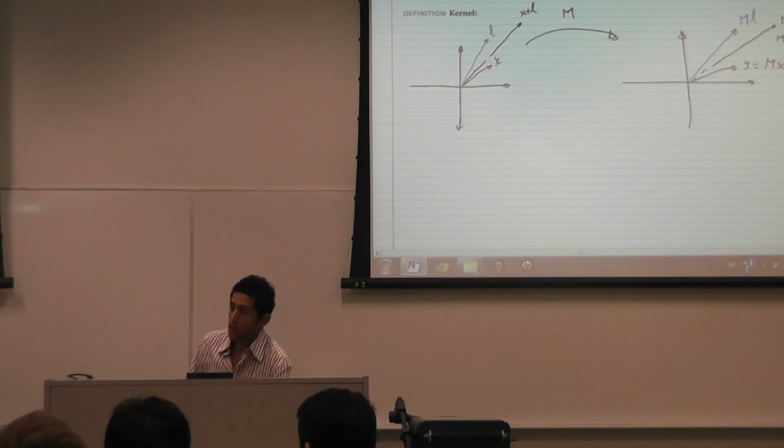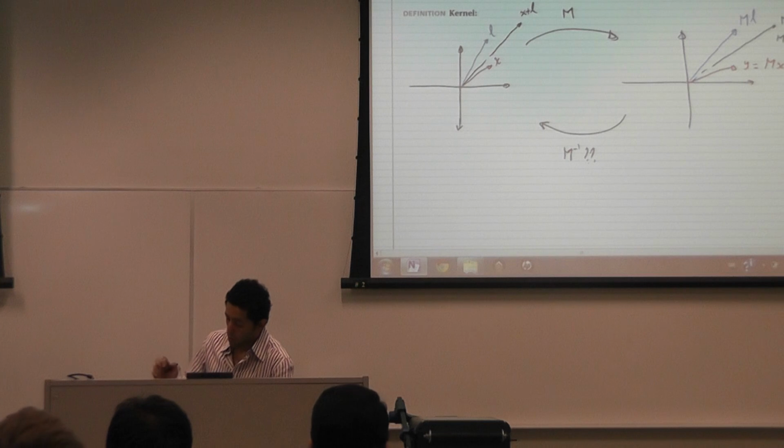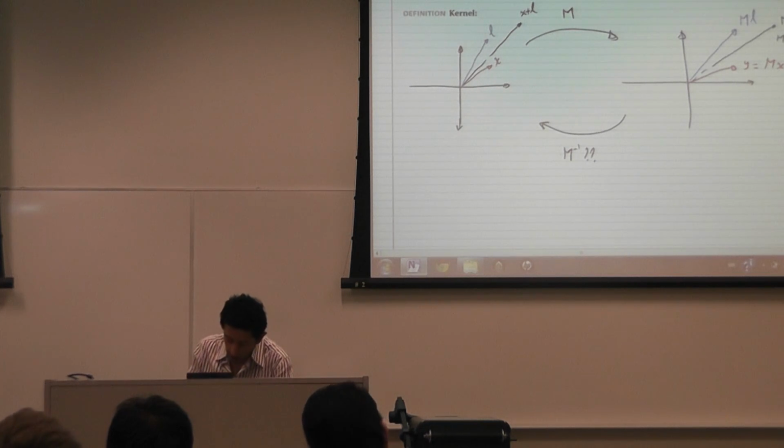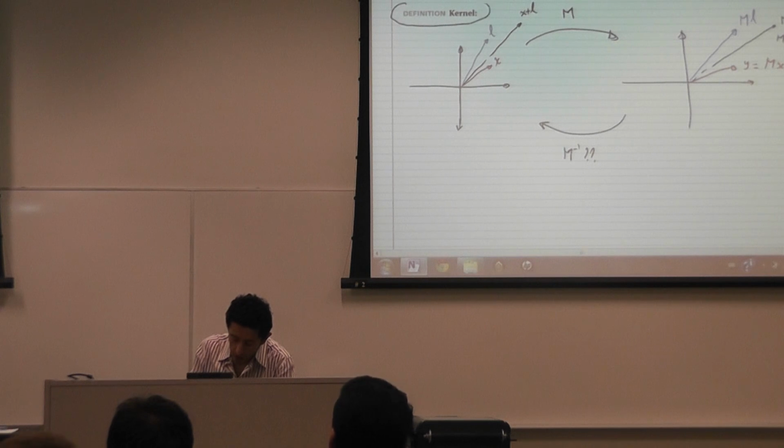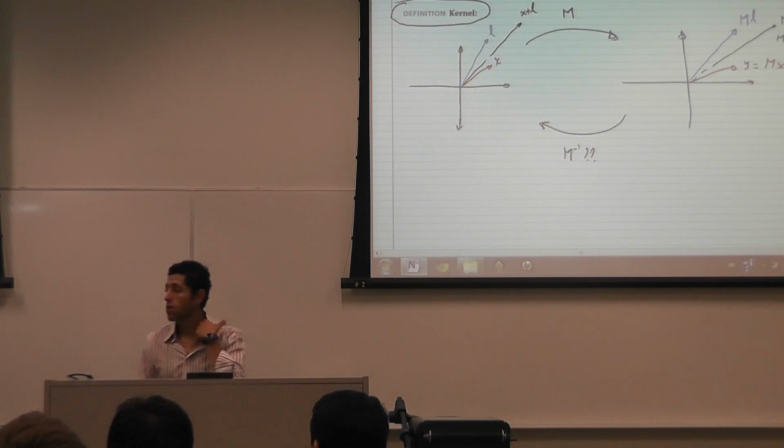Because a matrix is nothing but a function, I'm always wondering if I can find the inverse of that function. The existence or not of the inverse of the function depends on something called its kernel, especially for matrices.